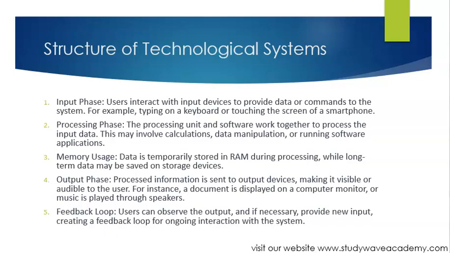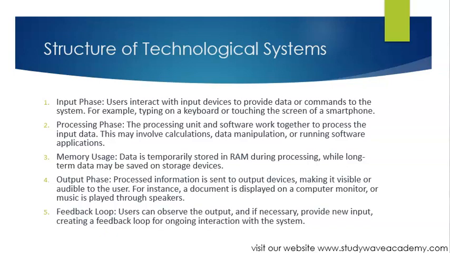Then Google replies to you. Google first of all processed it, stored it before replying to you. So that is your output, your information. Okay, so do we understand now the technological system, the components and the structure, right? We understood today's lesson on that, right?